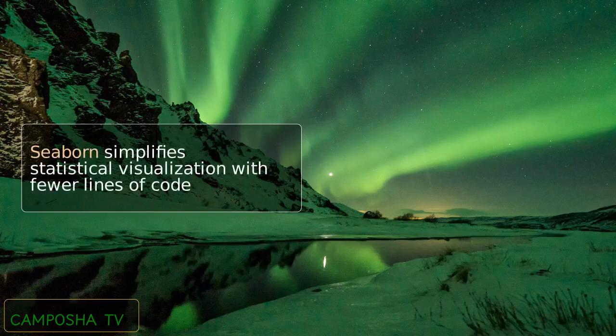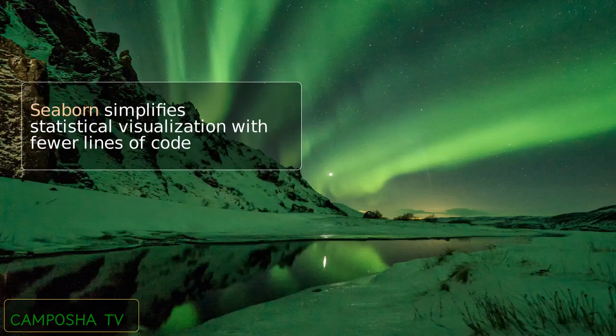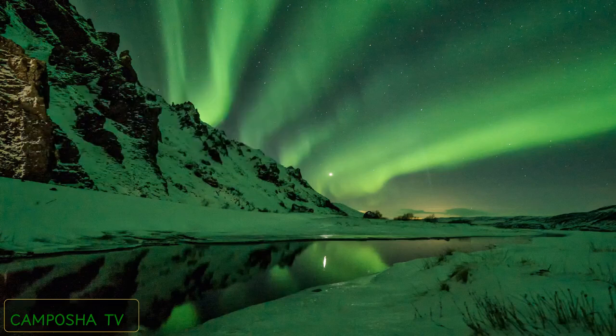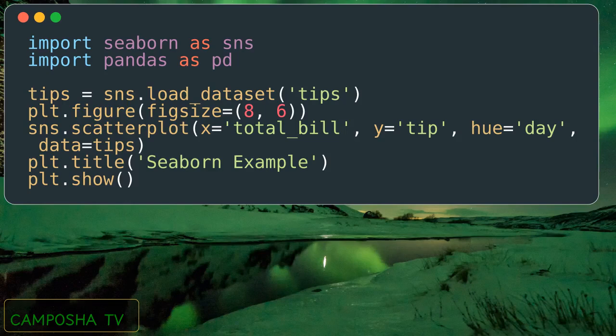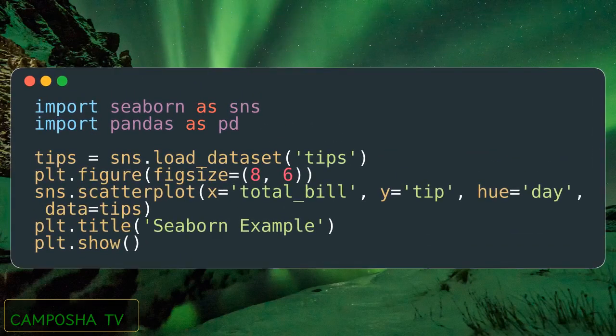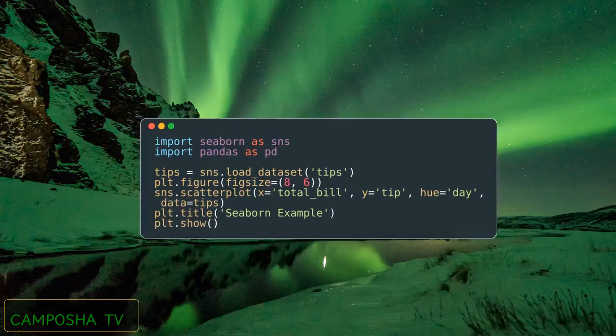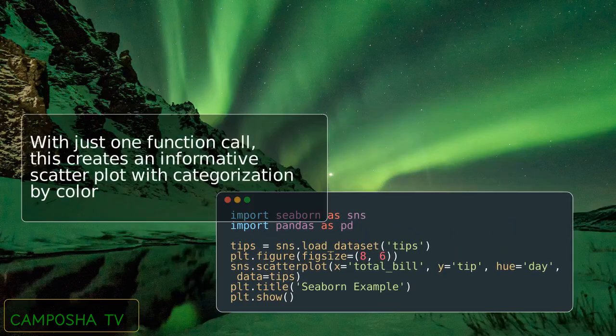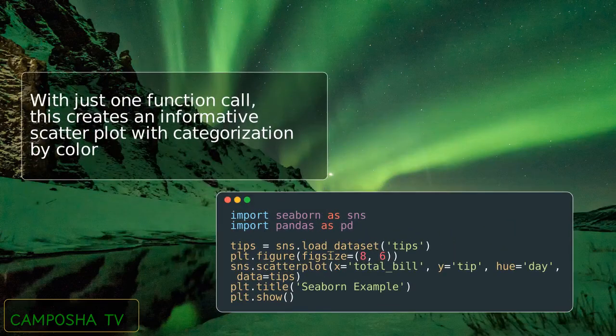Seaborn simplifies statistical visualization with fewer lines of code. With just one function call, this creates an informative scatter plot with categorization by color.